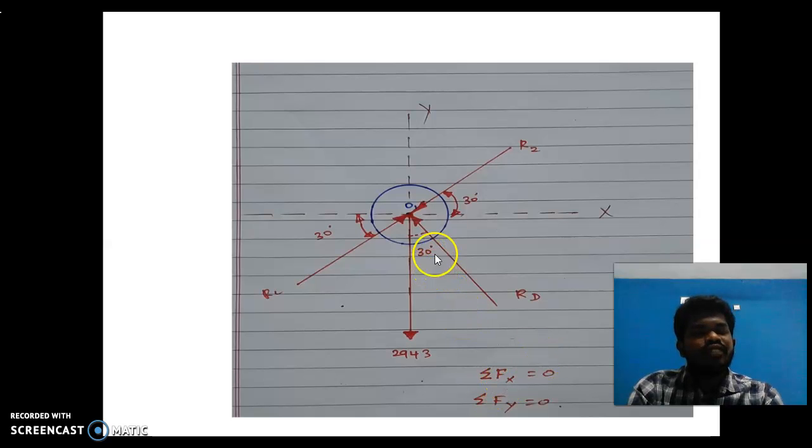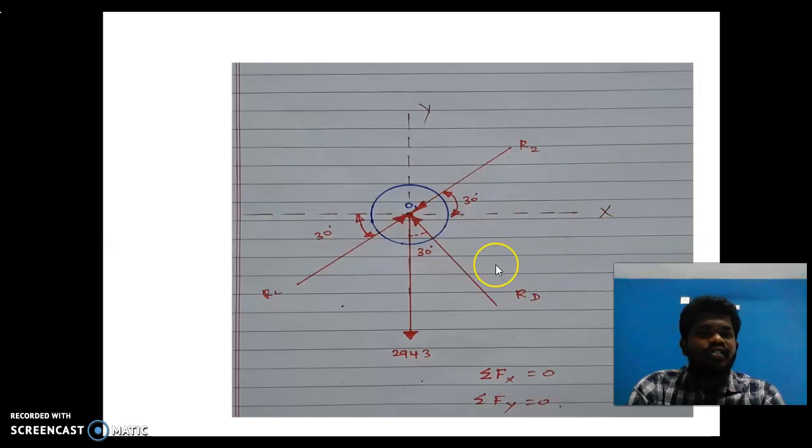The same procedure as for pipe B. For pipe B, we construct two right angle triangles and find the angle between the reaction forces and the coordinate axis. We use the same steps to find the angle here, 30 degrees. Here more than three forces are acting on it, so we apply the two-dimensional equations of equilibrium and find the two unknown forces.